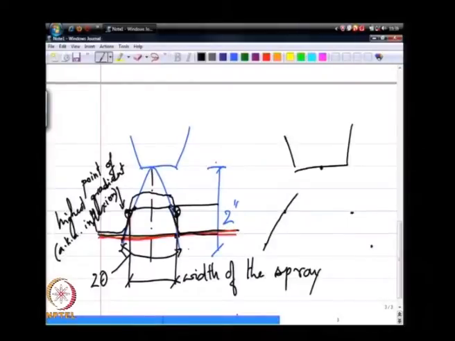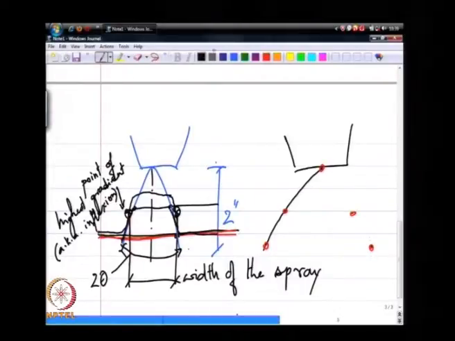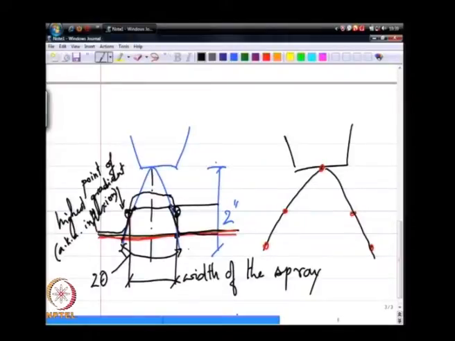Using these 3 points, using these 3 data points, one could essentially reconstruct the spray.